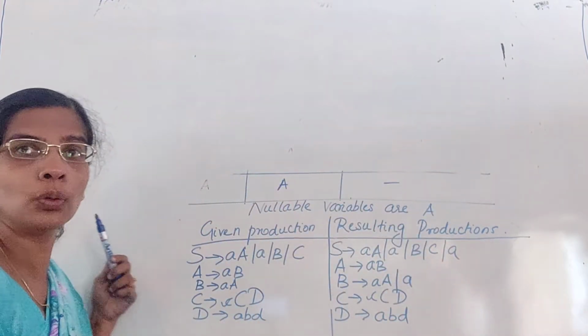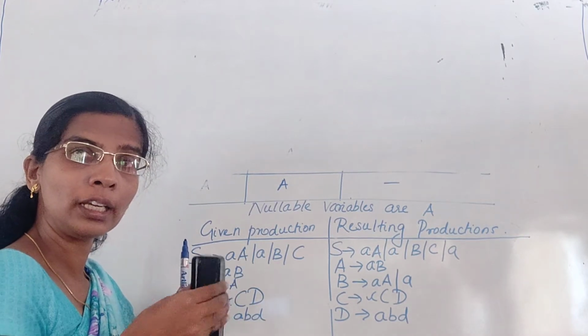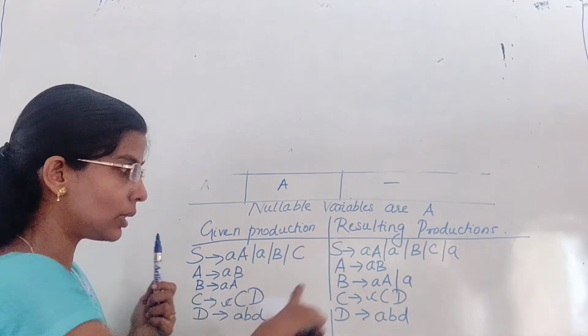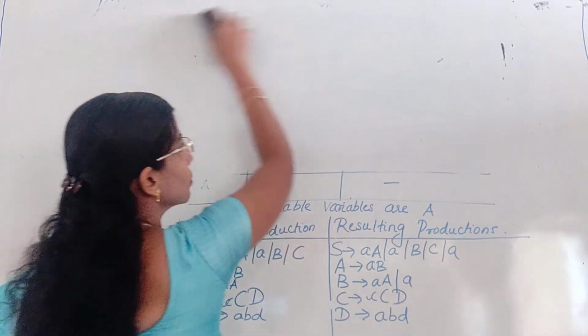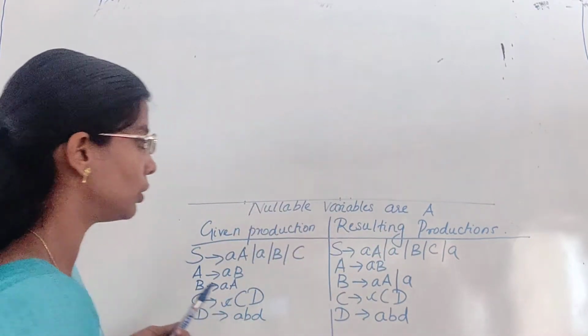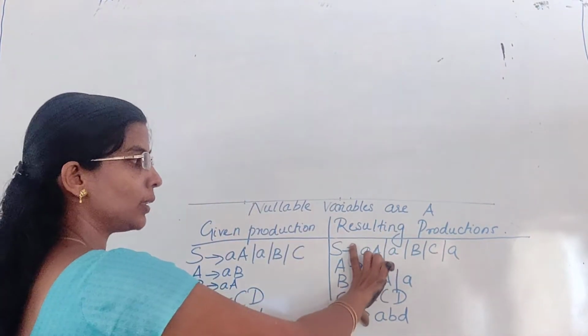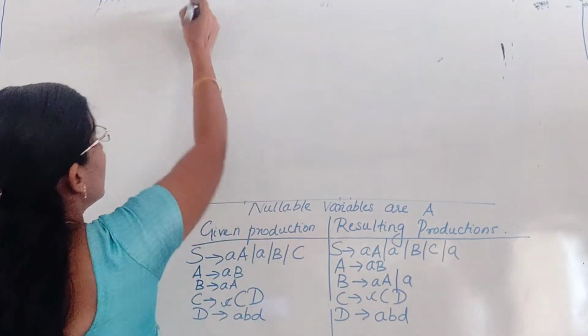While eliminating unit productions, use the answer you got in eliminating epsilon production. So I will copy down this resulting production, because this is the answer for eliminating epsilon production.